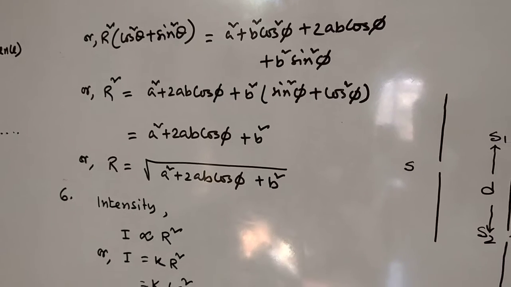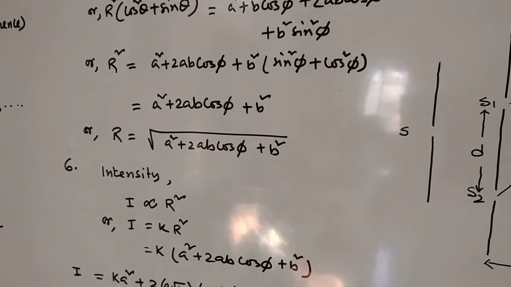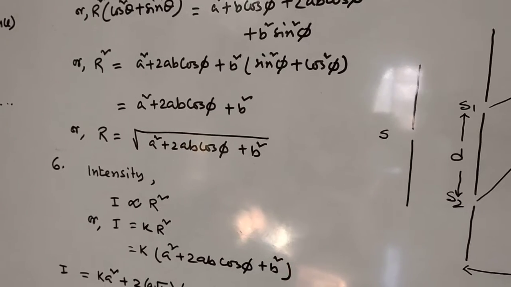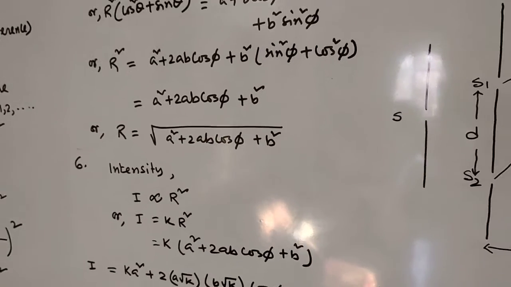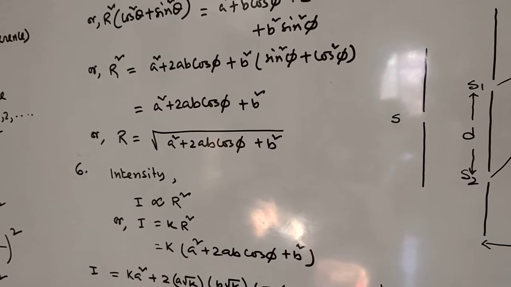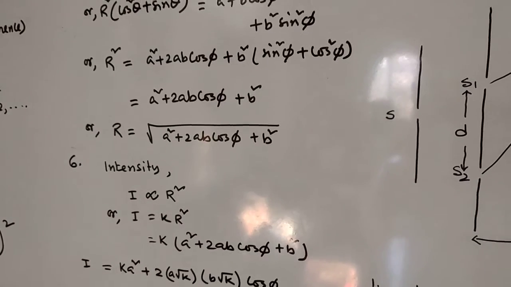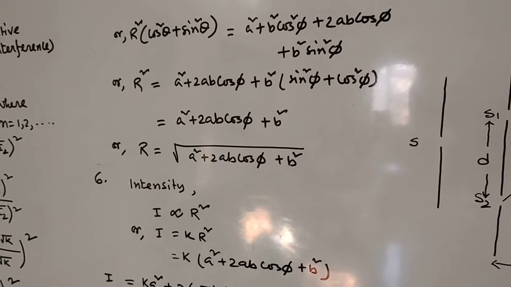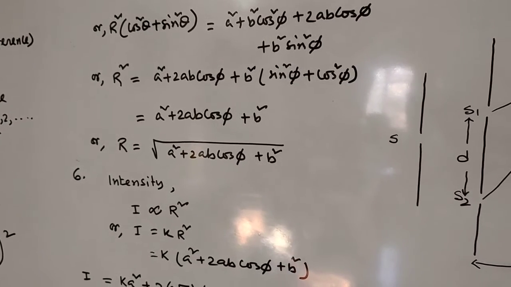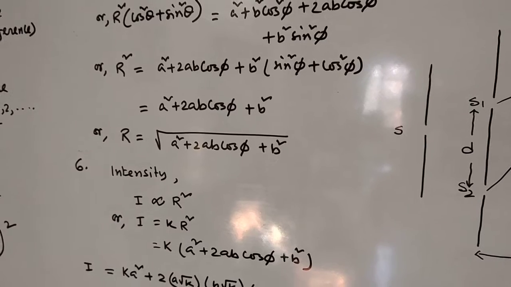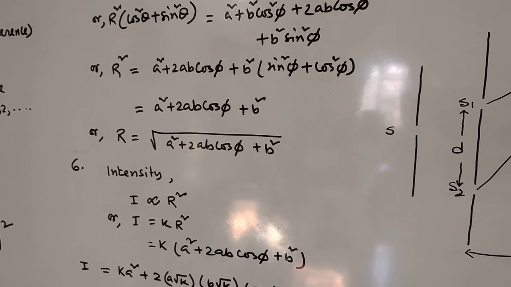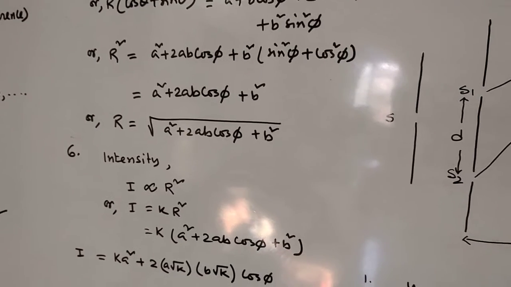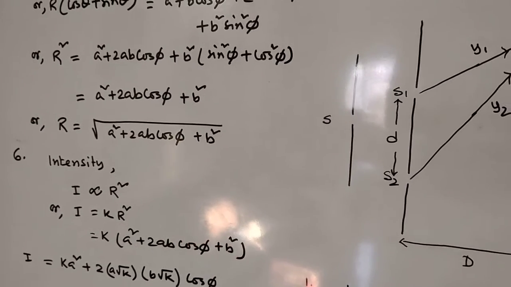Now R is the amplitude of the resultant wave, and y1 and y2 are the displacements. So y is the resultant displacement caused by the superposition of y1 and y2. Now the intensity formula we already know: intensity is proportional to the square of the amplitude. So if R is the amplitude of the resultant wave, then the resultant intensity can be defined as I proportional to R square, so I equals K R square, where K is the constant of proportionality.